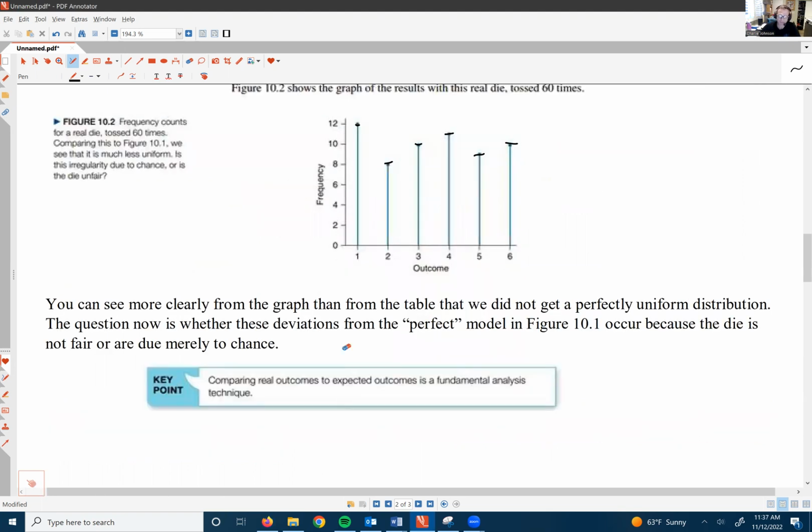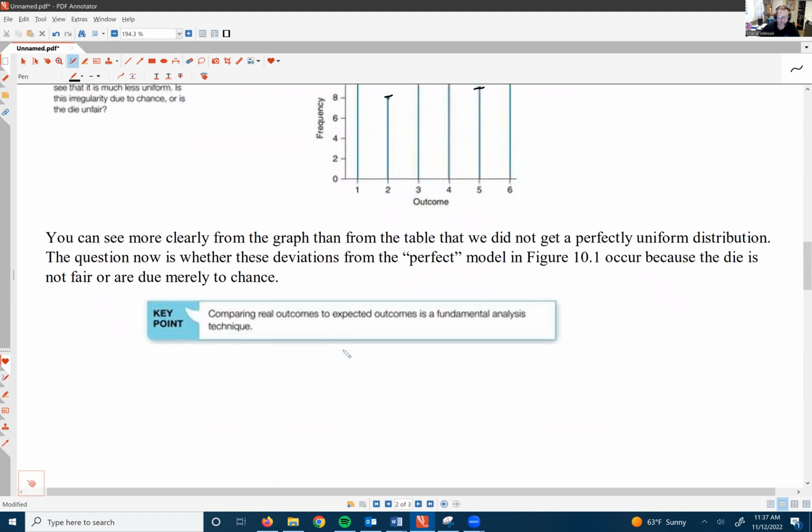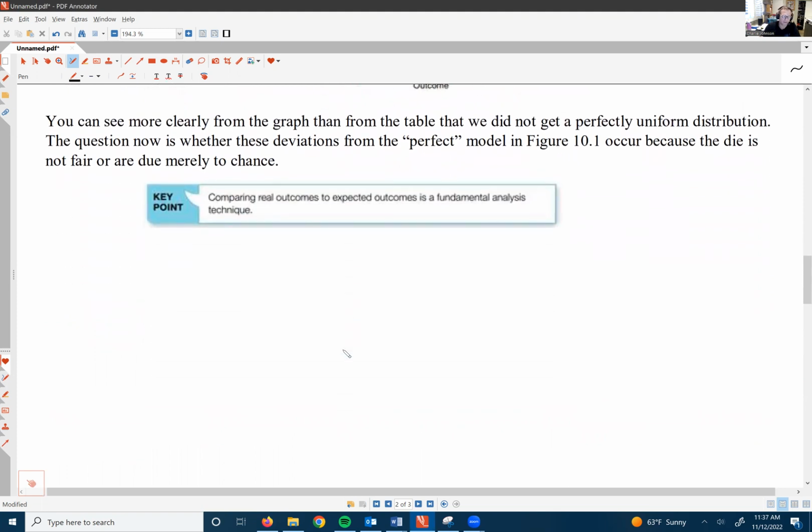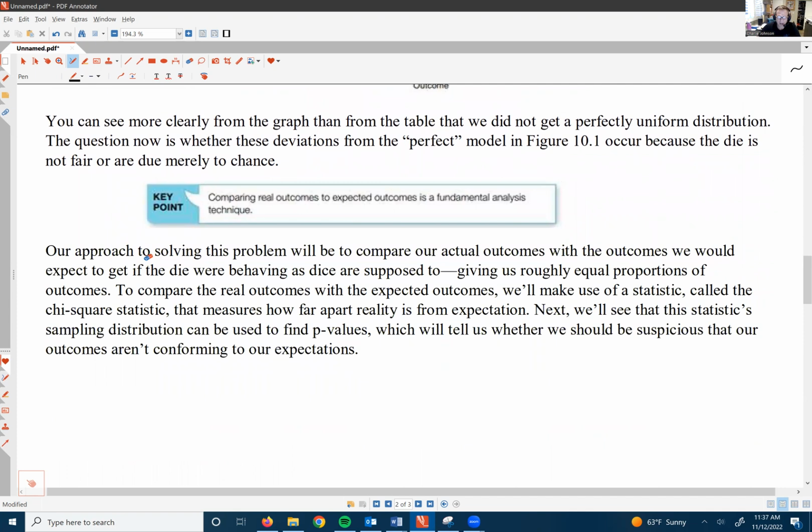Comparing the real outcomes to expected outcomes is a fundamental part of our chi-square technique. Our approach to solving this problem will be to compare our actual outcomes with the outcomes we would expect to get if the die were behaving as dice are supposed to, giving us roughly equal proportions of outcomes.